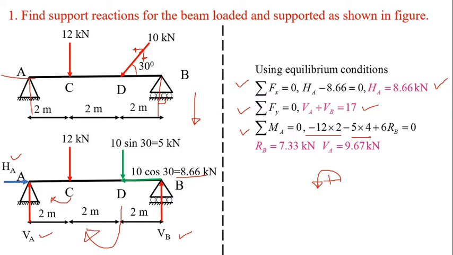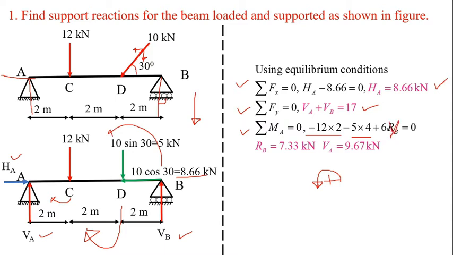Moment of the 8.66 kilonewton force about A is 0, because the force is passing through point A. Now, the moment of VB about point A is distance into force, 6 into VB, in the anti-clockwise direction, positive.